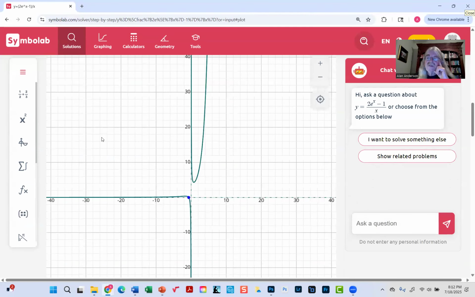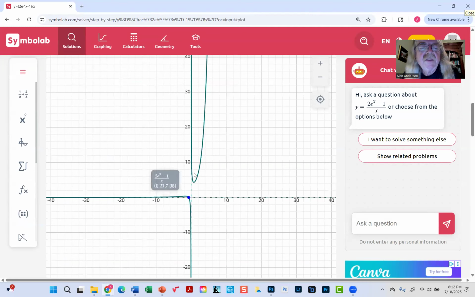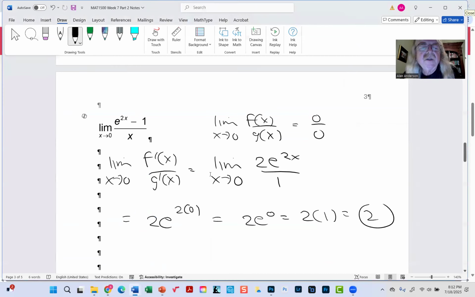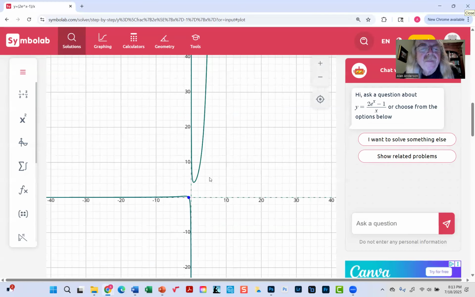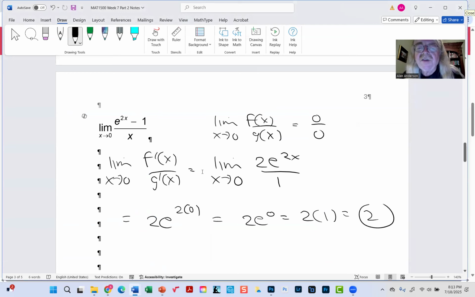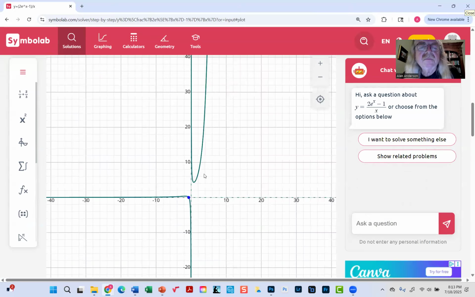Now that's a wild looking graph. The limit that we're searching for is at 0. According to this, that means it's 2. Now, it's very hard to tell from this graph. It really is. But the limit that we solved for is in fact 2.